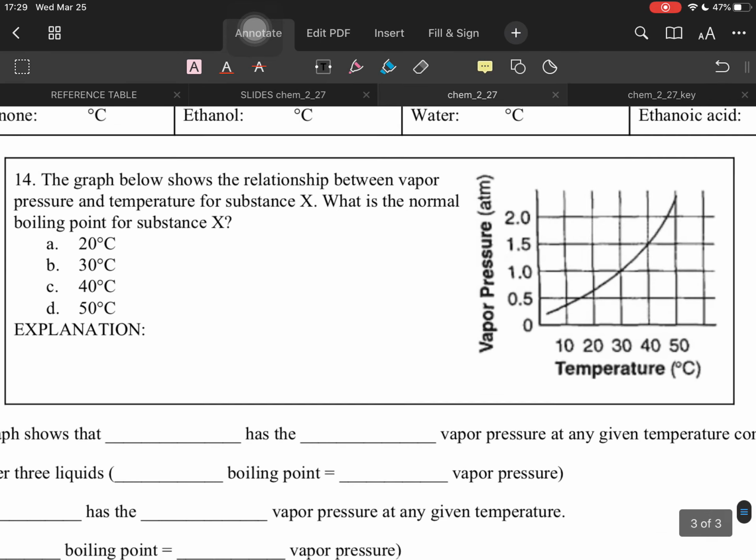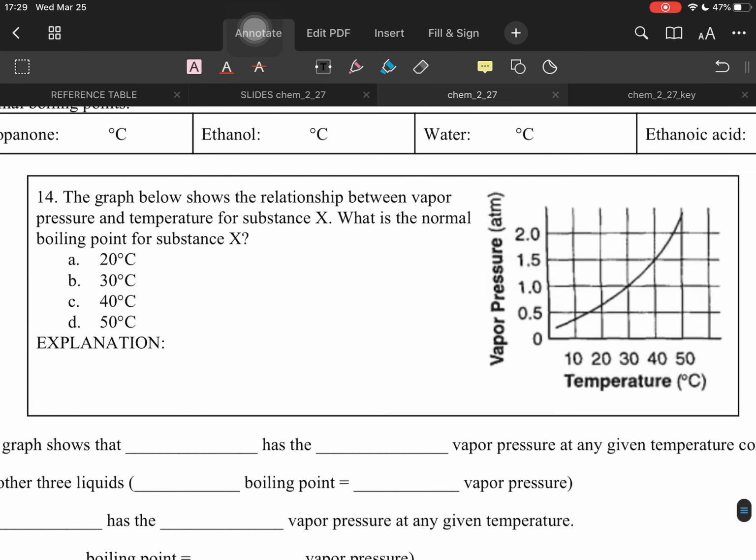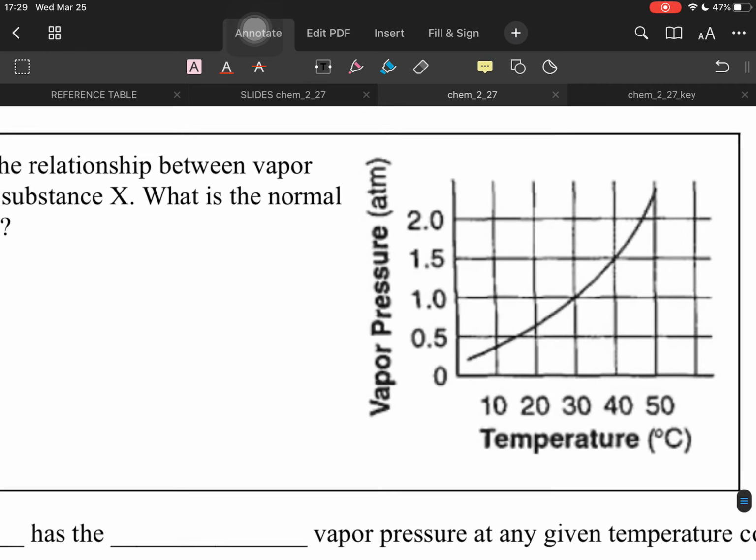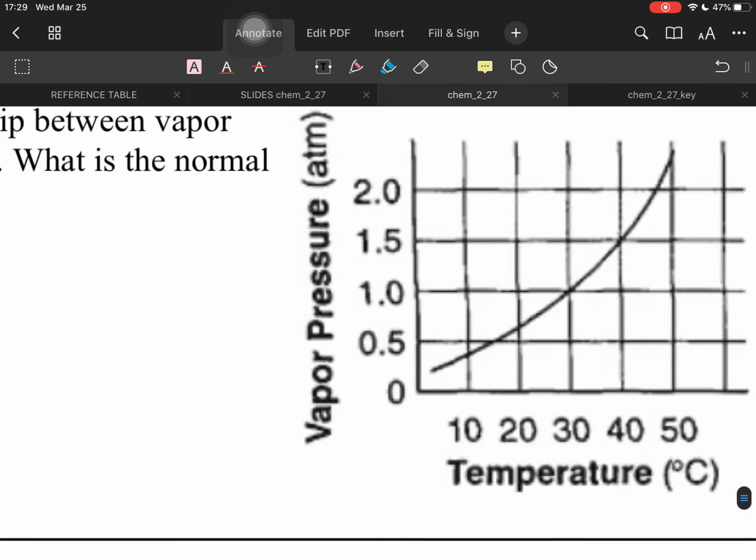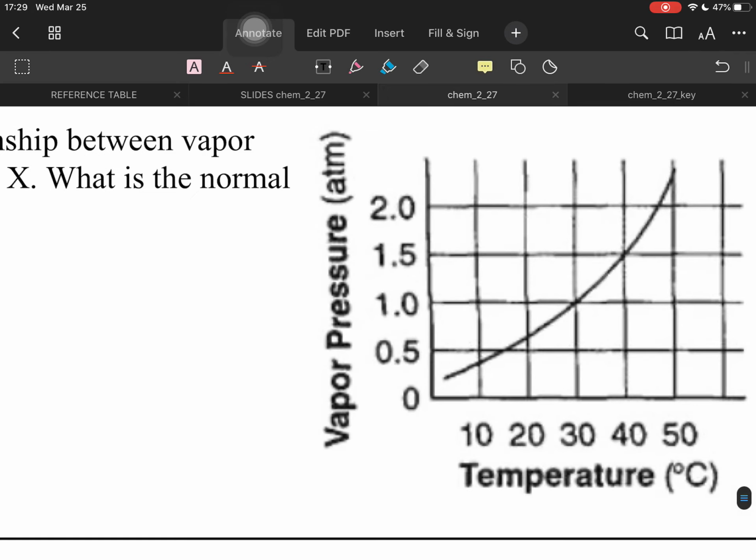Okay. Let's try number 14. The graph below shows the relationship between vapor pressure and temperature for substance X. What is the normal boiling point for substance X? So you look over here and you're like, 101.3. There's no 101. Oh, you have to look at the units, right?